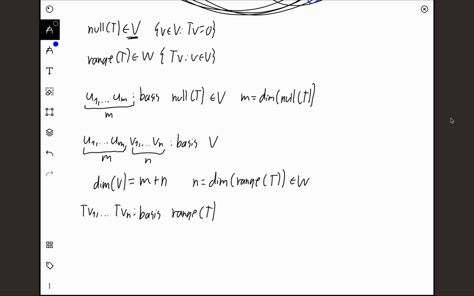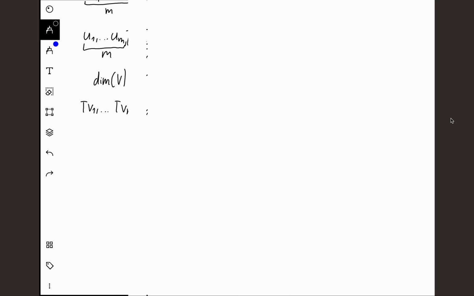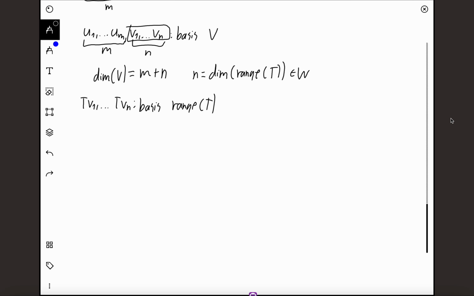So basically it's our vectors v1 to vn, and we apply the linear transformation T to all of these vectors, and after applying the linear transformation, those n vectors are a basis for the range of T. So how do we show that this is a basis? Well, first we have to show that this spans the whole subspace.